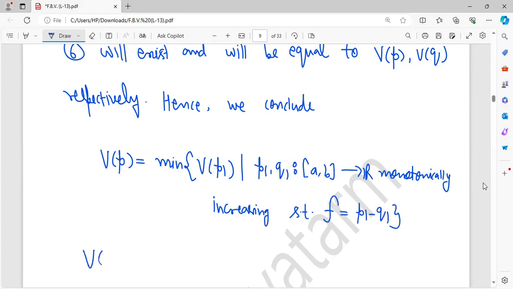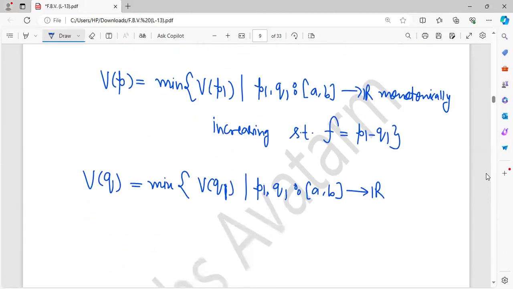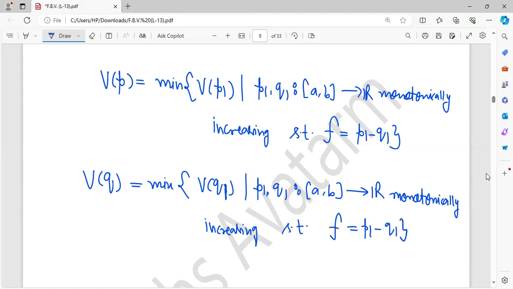Okay. And VQ is equal to minimum of VQ1 such that P1, Q1 from closed interval AB to R monotonically increasing such that F is equal to P1 minus Q1. Okay. So it is done.